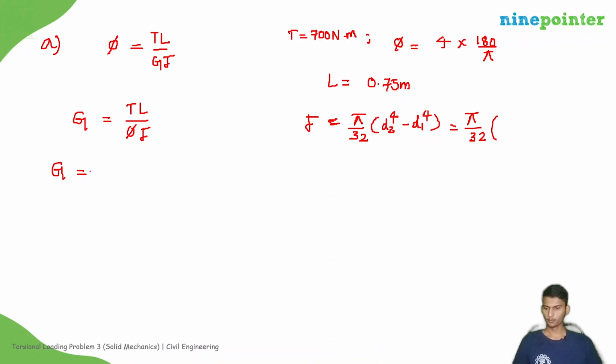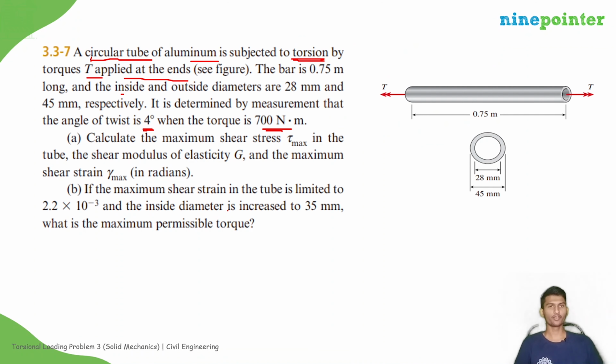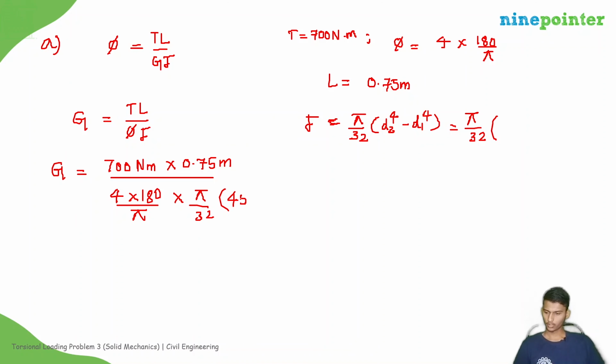G is equal to T, which is 700 Newton meters, times L, which is 0.75 meter, divided by phi, which is 4 times pi divided by 180, no units, times J. J will be pi by 32 times d2 power 4 minus d1 power 4, where d2 is 45 mm. So 45 power 4 minus 28 power 4, in mm power 4.